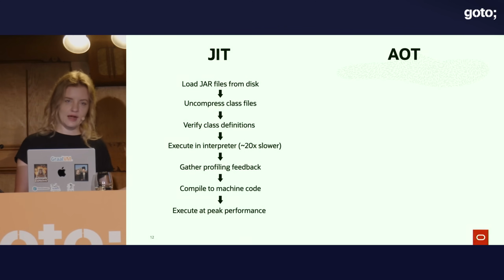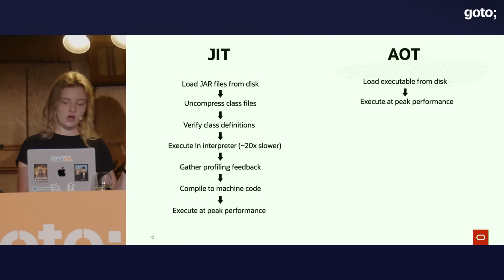Now, if we are compiling ahead of time to a native executable, what needs to happen in terms of startup time is just the following. So you are loading the executable, and you can immediately start running your application and do this valuable job, because all of those steps were already performed when we were building your application.